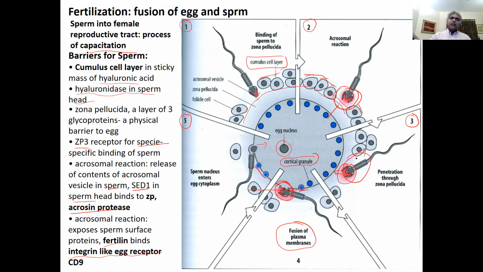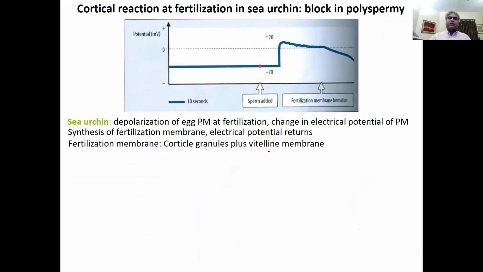Okay. Now, how do we learn that the process of fertilization has taken place? You know, the cortical granules are released, etc. The cortical reaction at fertilization, this experiment was done in sea urchin.